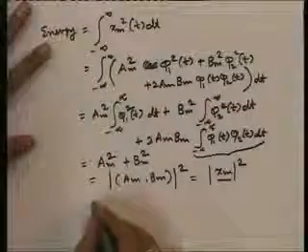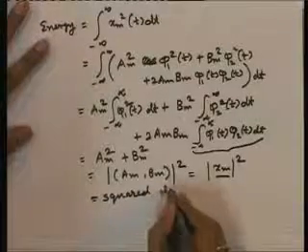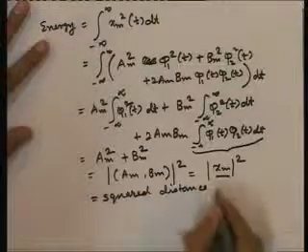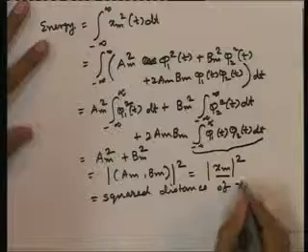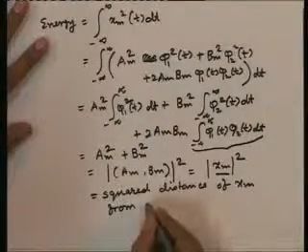So this is the square distance of xm from the origin.